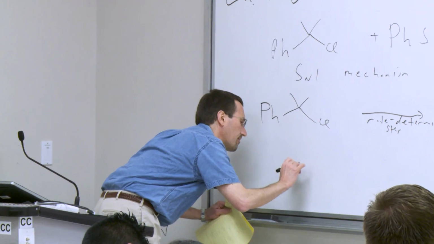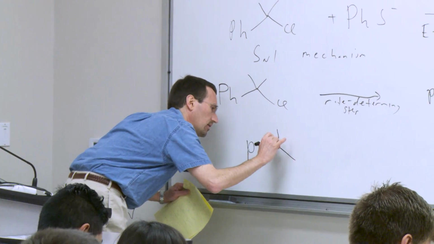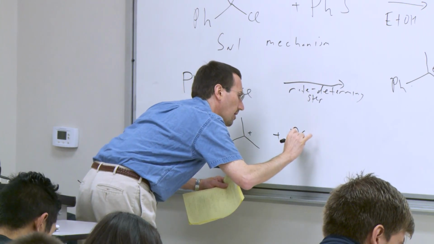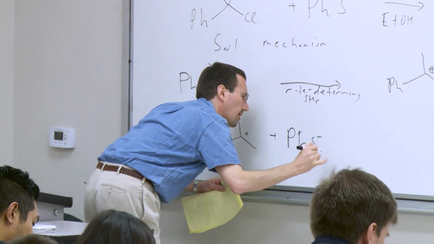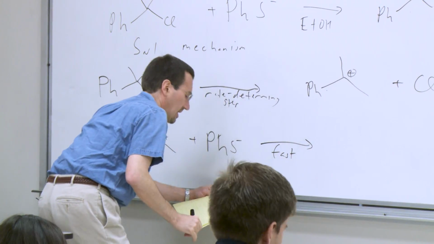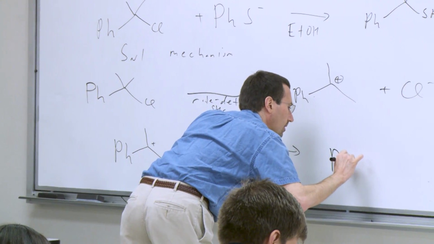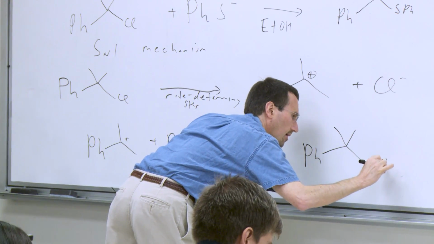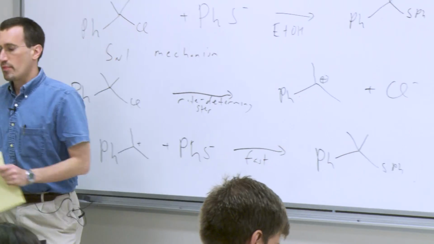And then in a second step, a fast step, the carbocation combines with the nucleophile. And I'll write that this step is fast. And now we form our product.